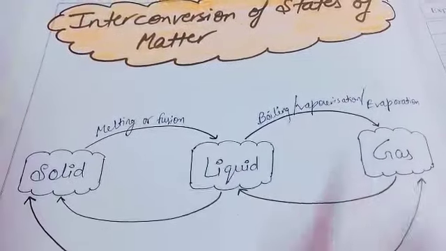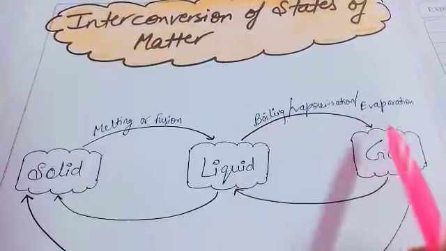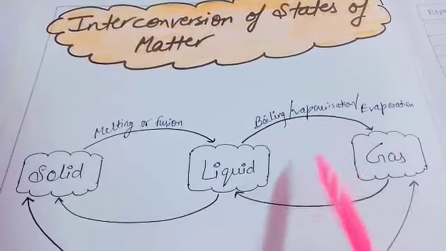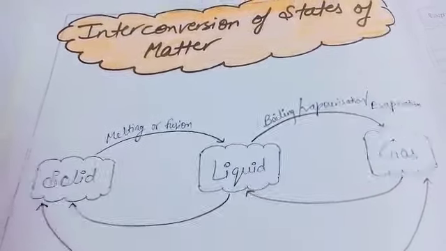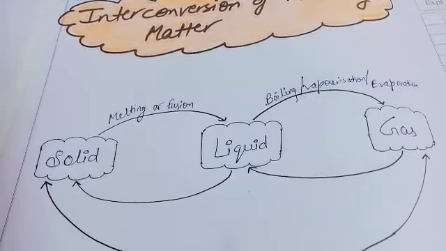All three are almost the same, not exactly, because there is a difference between boiling and evaporation, but in both processes liquid is converted into gas or vapors. This is known as boiling or evaporation.